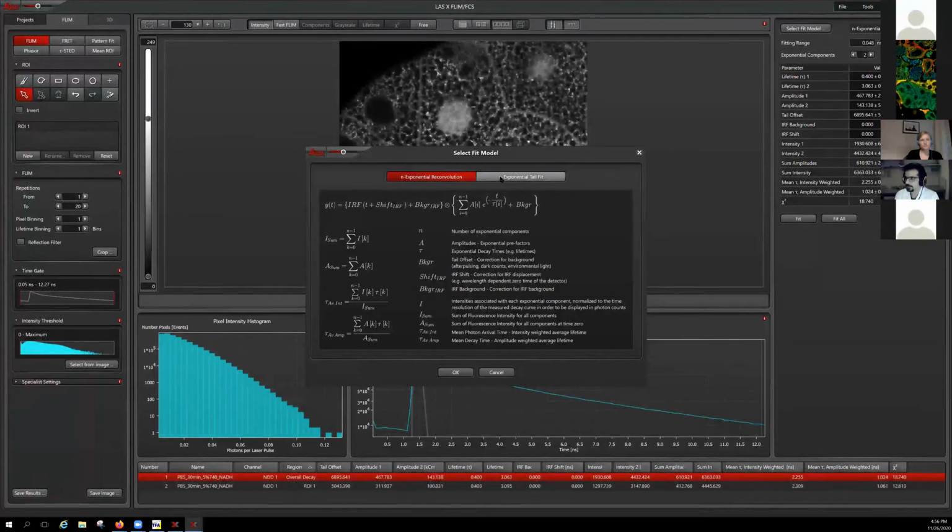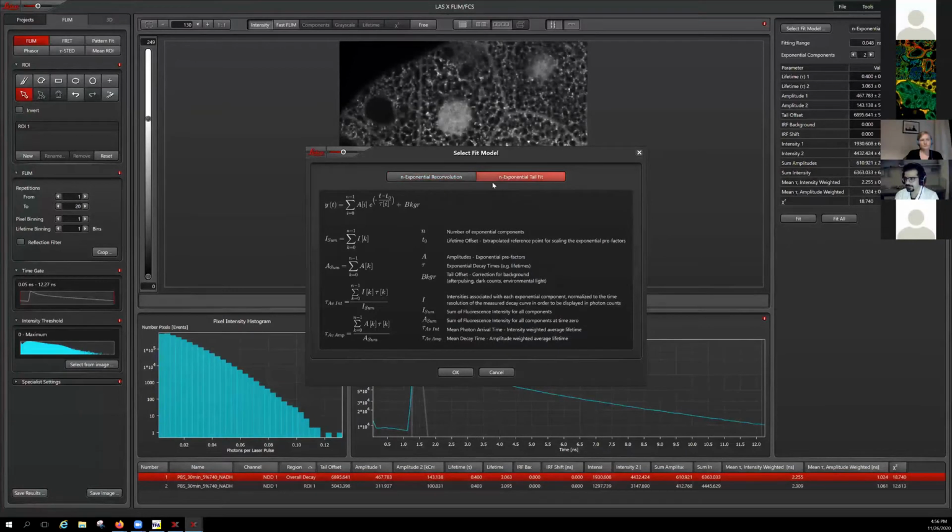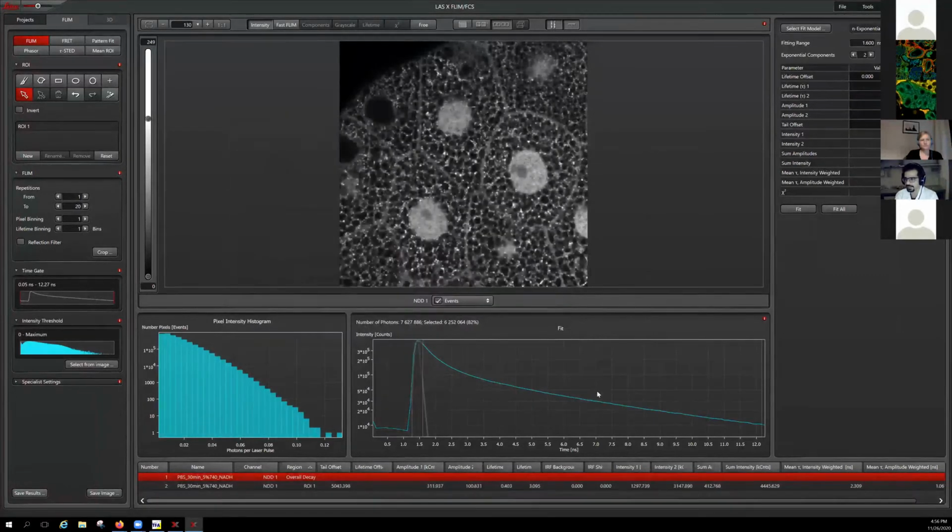The second one is called the tail fit. I'm not going into details on that, but what happens with the tail fit is that it ignores the rising edge and the beginning of the decay curve that we have measured. So what is the issue here? If you have a very long lifetime, it is okay. You can use this tail fit analysis.